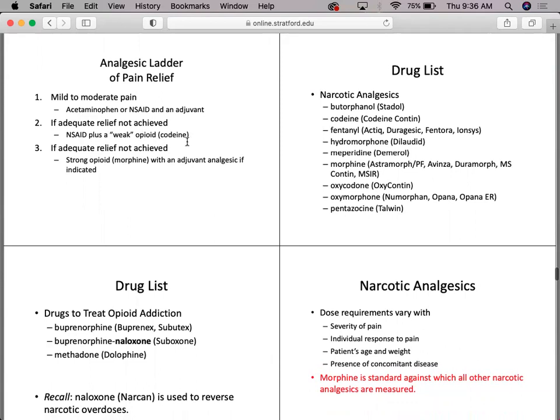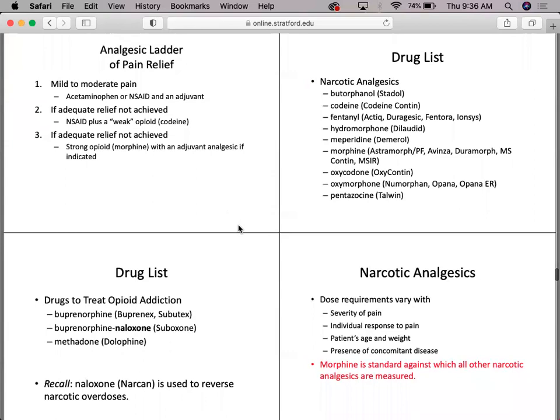We don't like combining it with codeine, like Tylenol 3. Tylenol 3 is Tylenol, acetaminophen with codeine, and the number after, like Tylenol 3, talks about the potency. Tylenol 3 is less potent than 5, less potent than 6. That kind of thing.